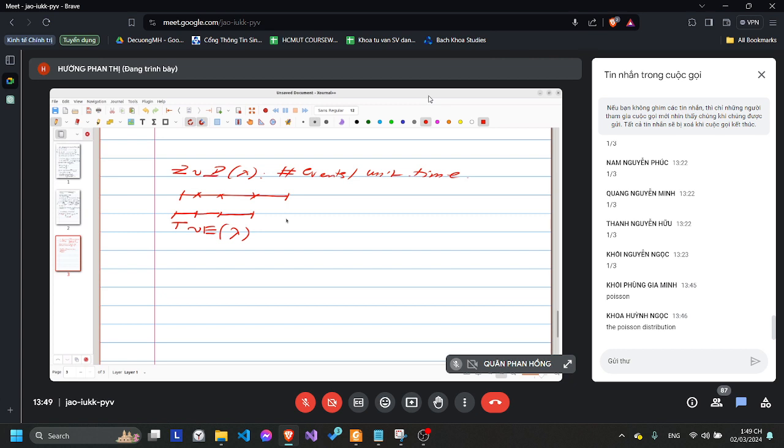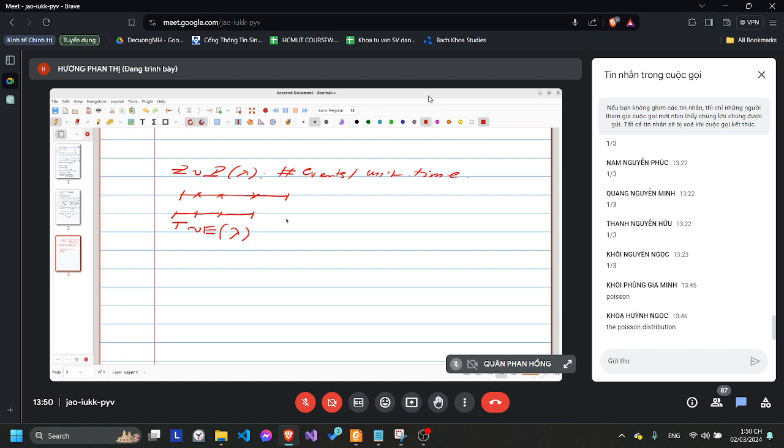It's really interesting. So remember that if we count the number of events per unit, this is the Poisson distribution. If we don't care about the number of events, but we care about the duration or the time between two successive events, from the beginning until the first, to the second, to the third, and so on, this is the exponential distribution.